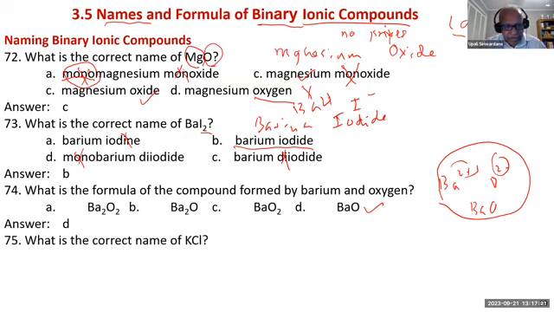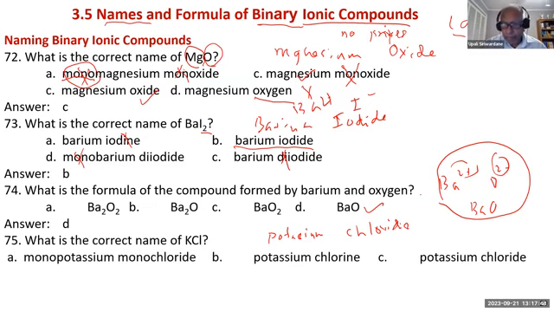What is the correct name for KCl? K is potassium, chloride. There are no prefixes there. We don't use any. The name is potassium chloride.